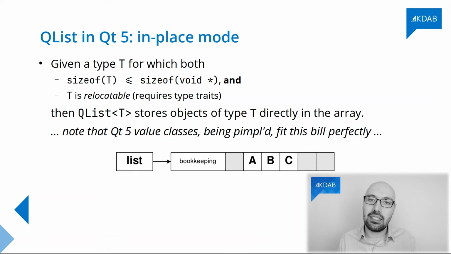A class in Qt5 is just a pointer pointing to the dynamically allocated payload for which implicit sharing takes place. That means that these classes actually fit directly into QList, so for those, QList avoids the double indirection that you would have in case QList had to heap allocate each Qt5 class individually.